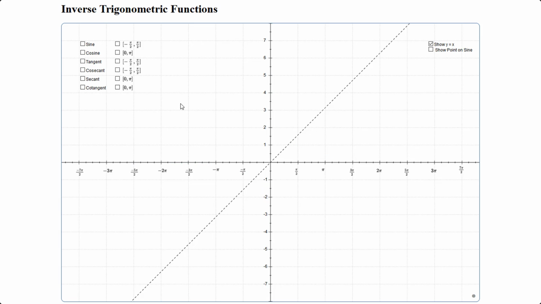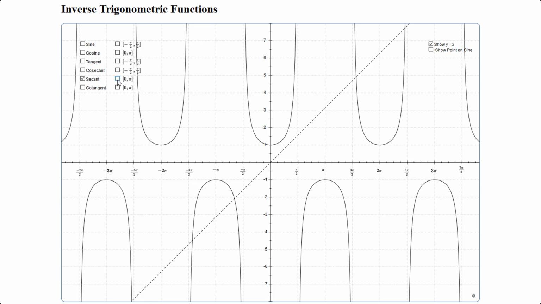For secant, we have a similar relationship, although the symmetry here is back to y-axis symmetry. So I can restrict to 0 to pi. And when I map all the points for secant, then this is what I come up with.